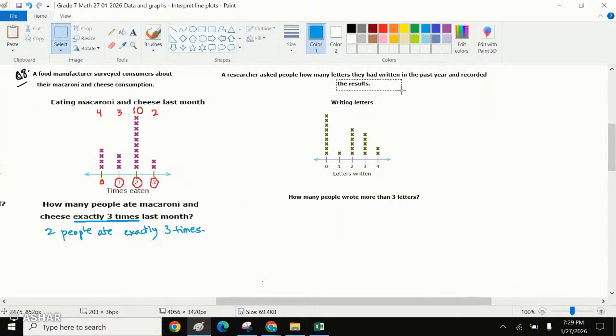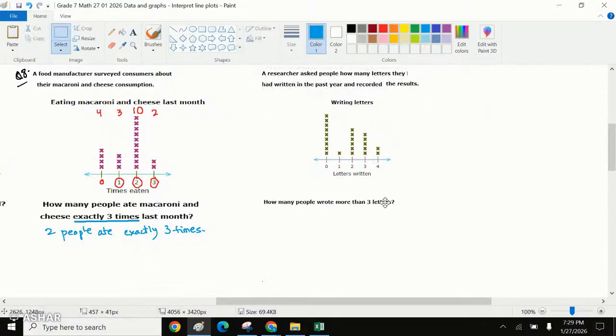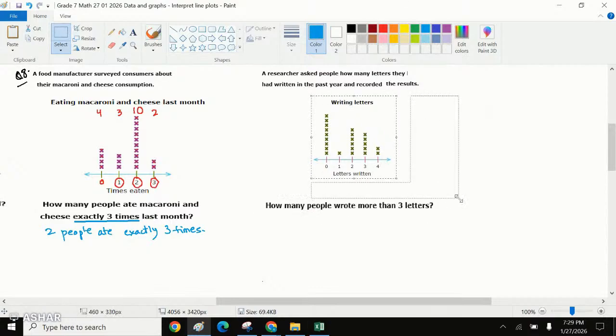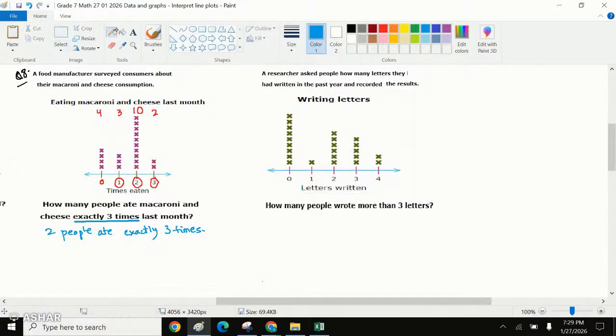So let's see if they're writing letters. People still do write letters. Remember that. Yeah, letters are posted. Official letters are still posted. Okay, this is what they're asking us. And this is the given information for question number 9.